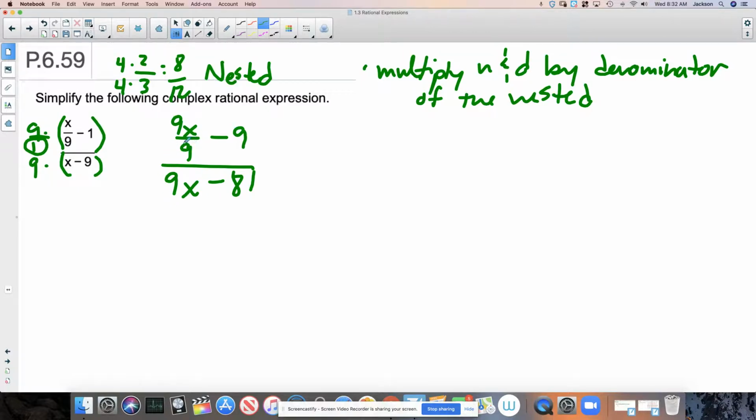Okay, and when we get this, what really happens is these 9s, we talked about this before, the product in the numerator, this 9 cancels with this 9. So we end up with x minus 9 on the top, and on the bottom, we have 9x minus 81. And you would think that we'd be done at this point, but that's not exactly how this works, right? Math doesn't always abide by what we want it to do.